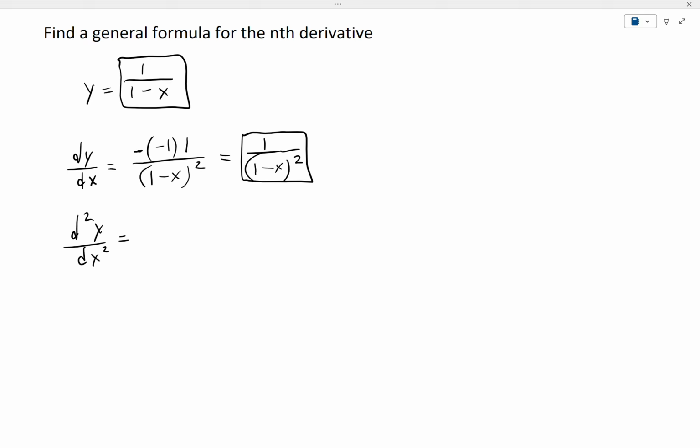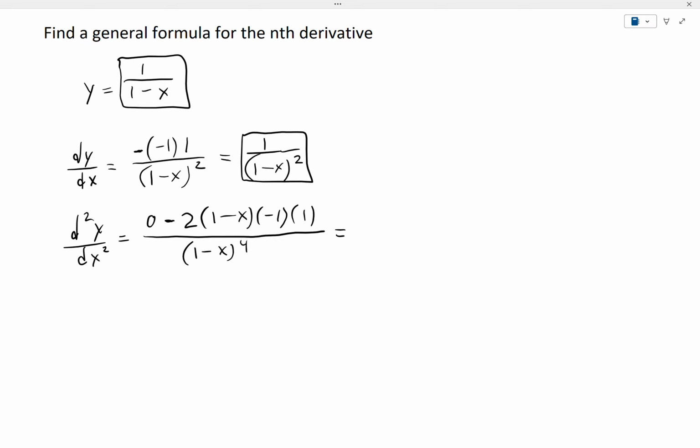All right, well, how about our second derivative? See if the pattern is the same or if it changes at all. Okay, derivative of the top, 0, times bottom, well, it's still 0, minus derivative of the bottom, that's going to be using the power rule. Pull the power out front, 1 smaller on the power, times derivative of the inside, -1, all times the top, all over bottom squared.